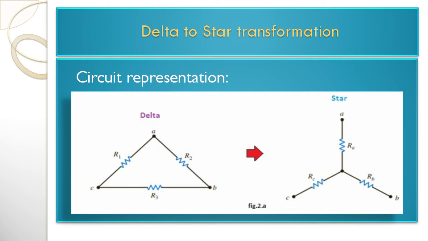Similarly, resistance RC of star network having adjacent resistances of delta network as R1 and R3 respectively. Then dividing all the adjacent resistances by total resistance of delta network, we get star network resistances as resistance RA, resistance RB and resistance RC respectively.